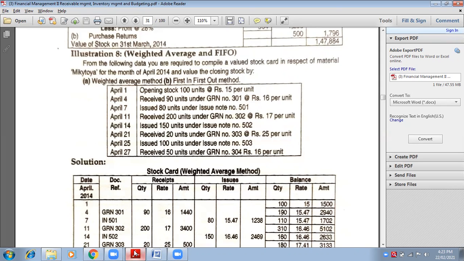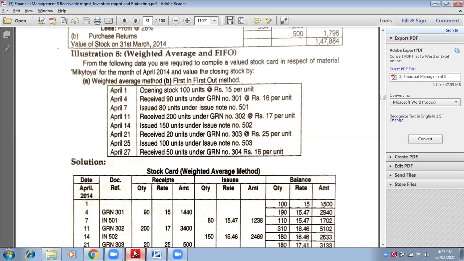Receipt column will be nil. Issue column will be reflected first with 100 only, because out of 160, 100 can be taken out easily. So from the second slot, we will not take anything. So what was the rate of 160? 17.